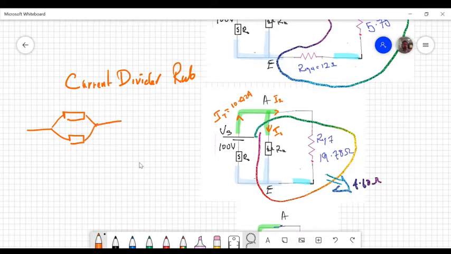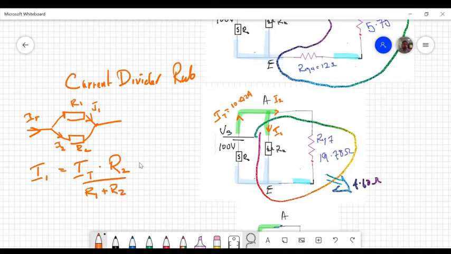Let's call that R1, let's call that R2. That's the current IT. And we want to find what's I1 and what's I2. So the current divider rule is a simple shorthand system of finding these various currents. So we'll say that I1 equals IT times R2 over R1 plus R2.